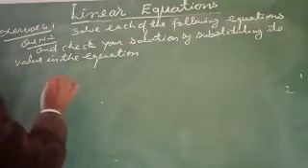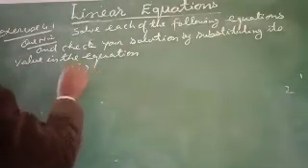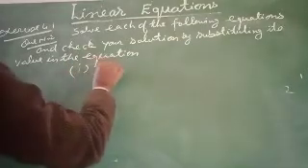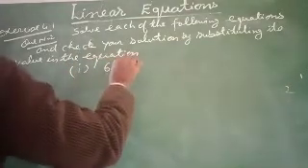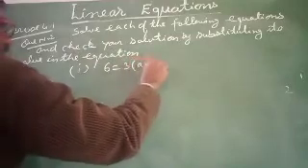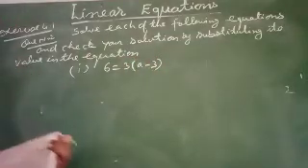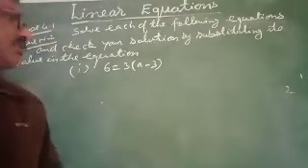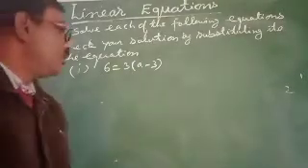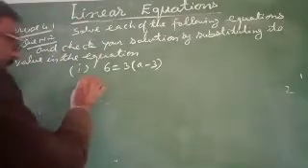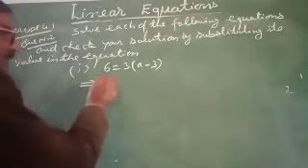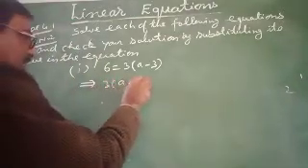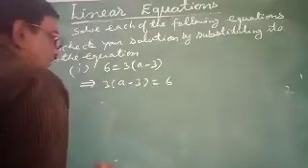The question is, first part, 6 equals 3a minus 3. First of all, I will find the solution of this equation. We can write this equation as 3a minus 3 equals 6.